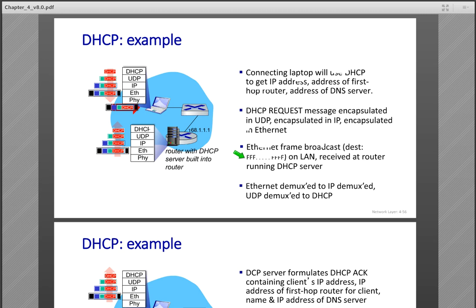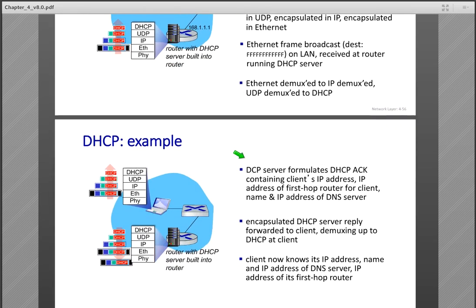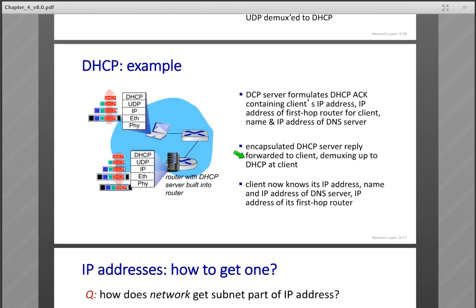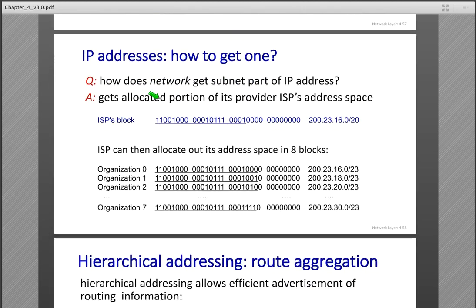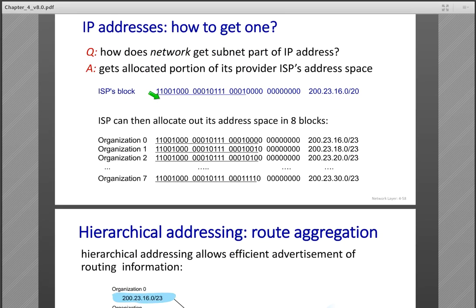So in layer 2, when I'm looking for a broadcast address, I simply put 1 for all the bits in the address. You can read this example here, how the server answers the laptop, and how this laptop can get its new IP address. Okay, but let me talk about something else.